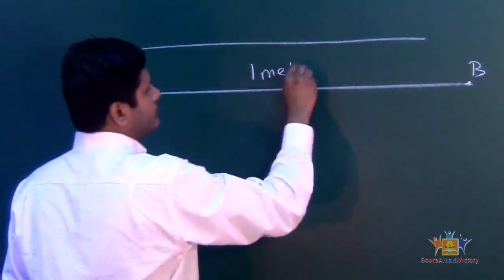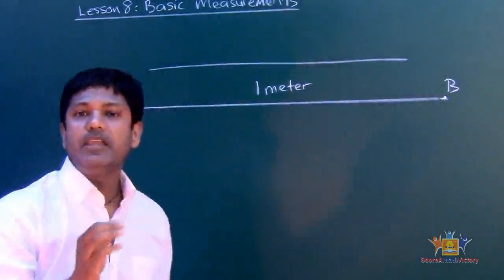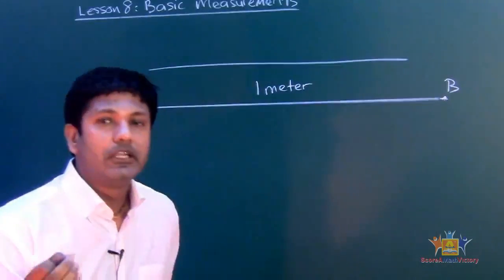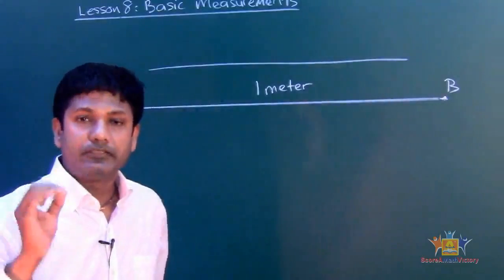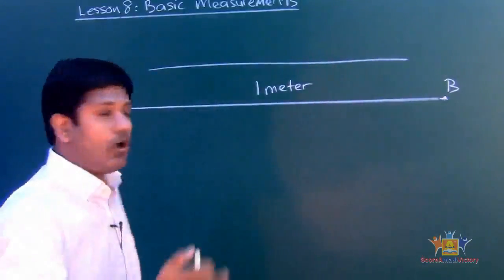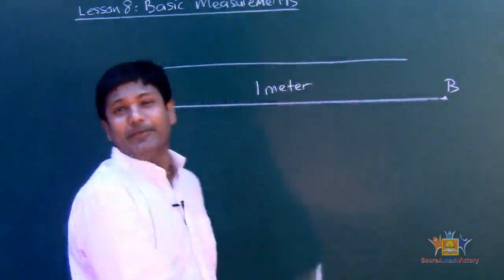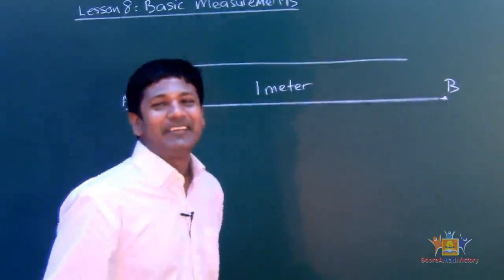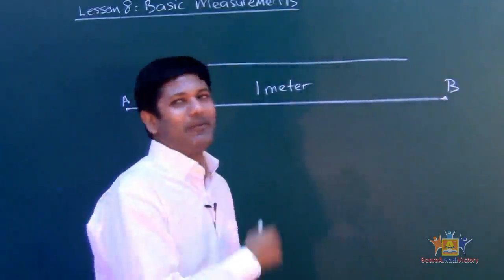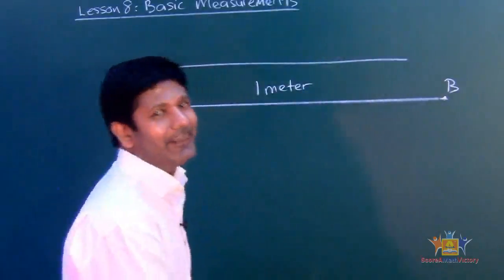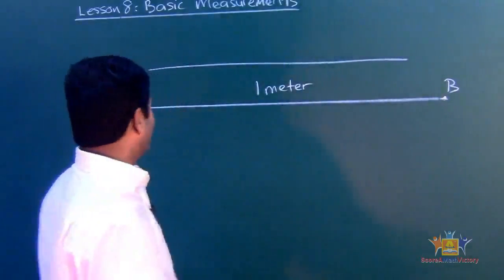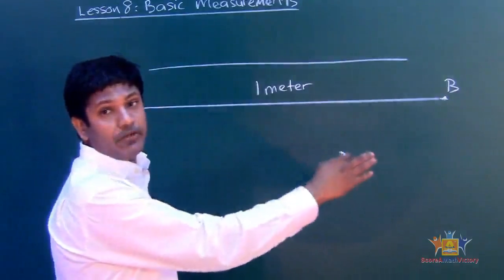Now this 1 meter has been broken up into how many parts? How many sections? 100 sections. So in other words, if I had to put 1, 2, 3, 4, 5, 6, 7, 8, up to 100. This is something I play with my niece when we try to count really quick. So I'm trying to do that with you right now. So we scaled it to 100 parts.